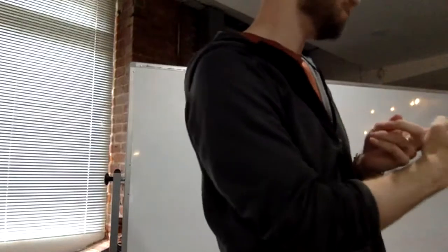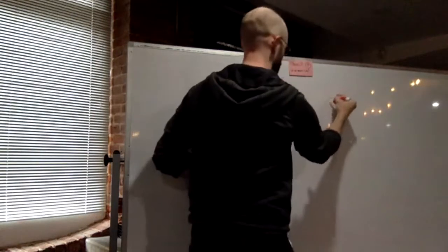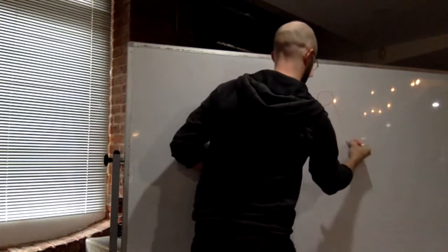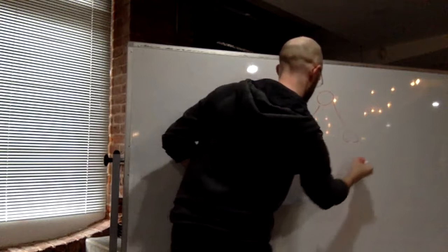So the difference between graphs and trees is that trees usually have a root node. That would be like the top. If you imagine a tree, we usually draw trees like this, where there's a node and then some edges, more nodes and edges, right?